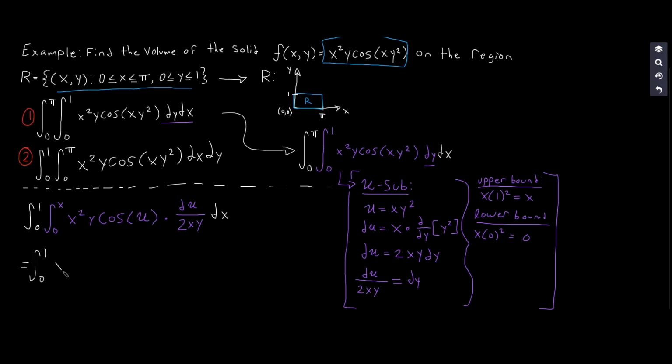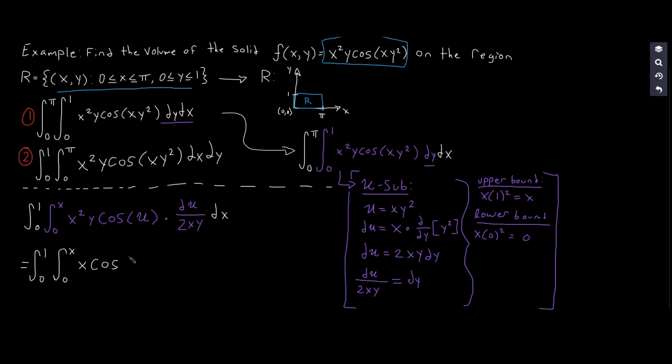So integral, oh no, I'm going to put these back. 0 to x. This is x and x, so this is just going to be 1x. Y and y, that y is going away. It's going away.